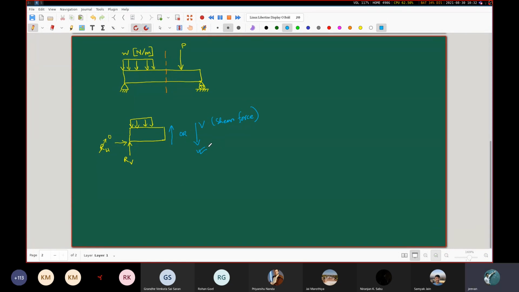However, I said that the V is used to represent the shear force with a downward pointing arrow. That is true only for this kind of a cross section, where you are considering the cross section to be present on the right hand side of the body or the member. What I mean to say here is that suppose instead of the left part of this orange colored cut section, you had taken the right hand part.